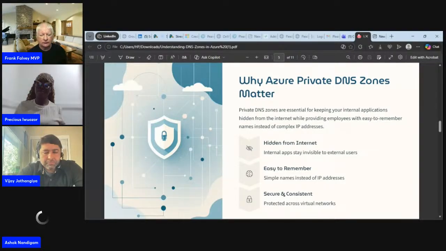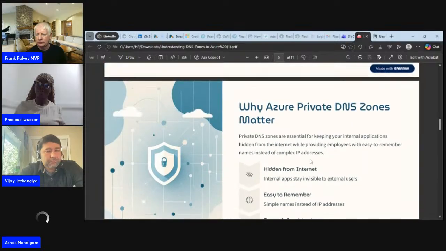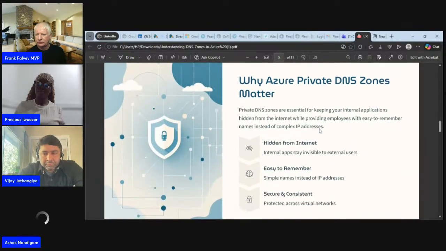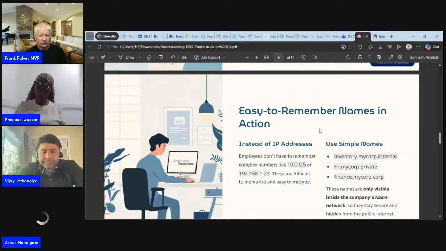A private DNS zone is essential to keep your internal applications hidden from the internet while providing employees with easy-to-remember names instead of complex IP addresses. This private DNS zone is for private connectivity, resolution and registration within a private zone in Azure.